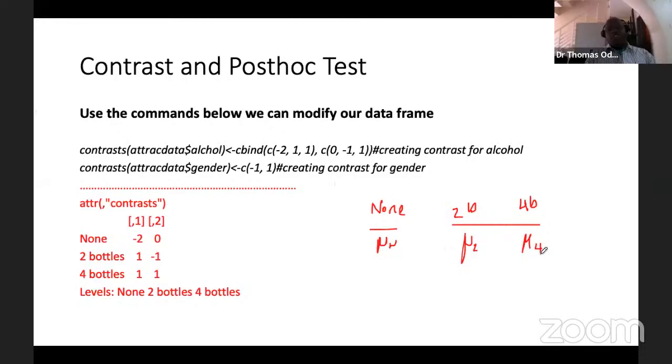What I'm going to do is compare the average of these with that. My null hypothesis would be that the mean for none is equal to the average of the 2. You cannot compare 1 versus 2. You can compare 1 with the average of the 2. That is how the whole thing starts.